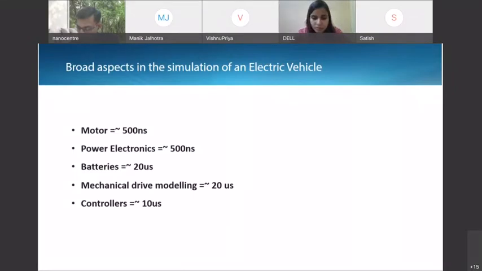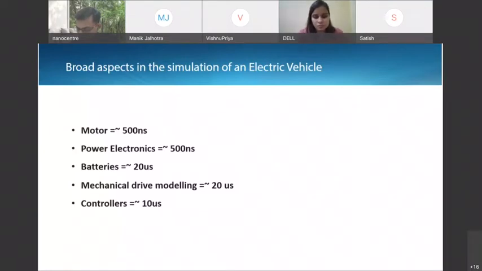But one thing we need to see is that for the simulation of all of these components, I have written a number corresponding to each. This number represents the time the simulation should take to replicate the proper Simulink model.